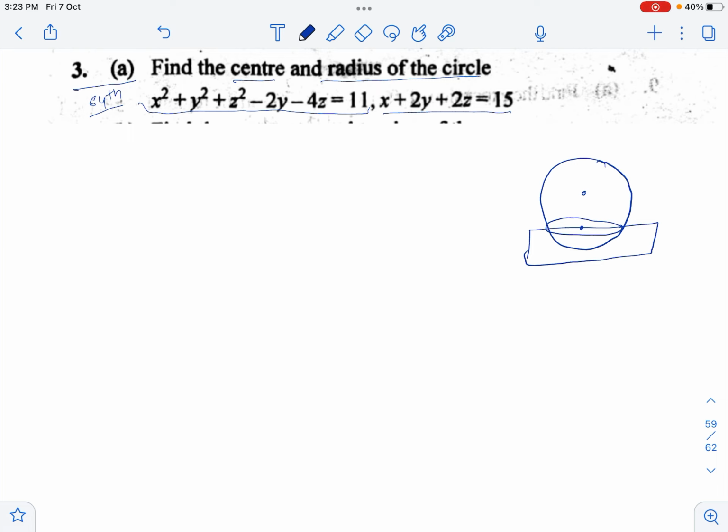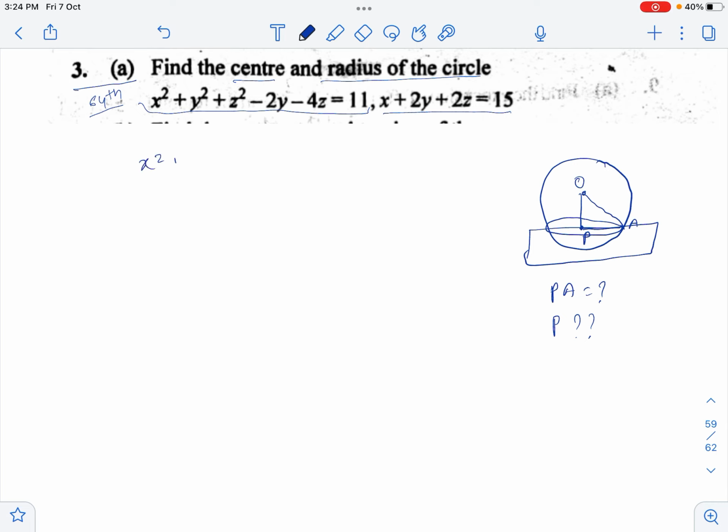So the question asks that find the center, let us say this is P, and the radius, let this be A, this is O. So then it asks that PA, that is the radius of the circle, and the center P. So let us solve this question.